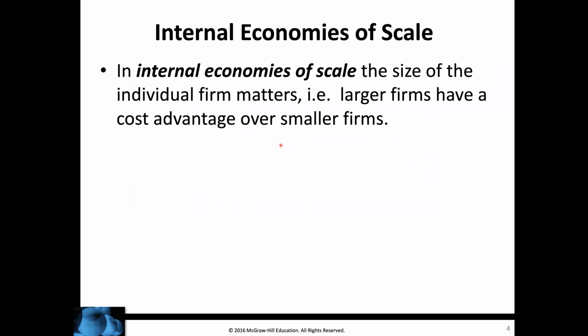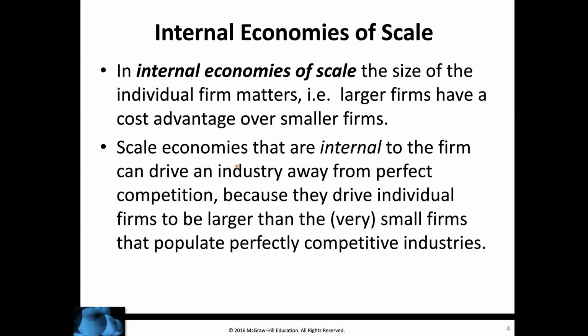Next, let's discuss internal economies of scale. In internal economies of scale, the size of the individual firm matters. So the larger firms have a cost advantage over smaller firms. Scale economies that are internal to the firm can drive an industry away from perfect competition because they drive individual firms to be larger than the very small firms that populate perfectly competitive industries.